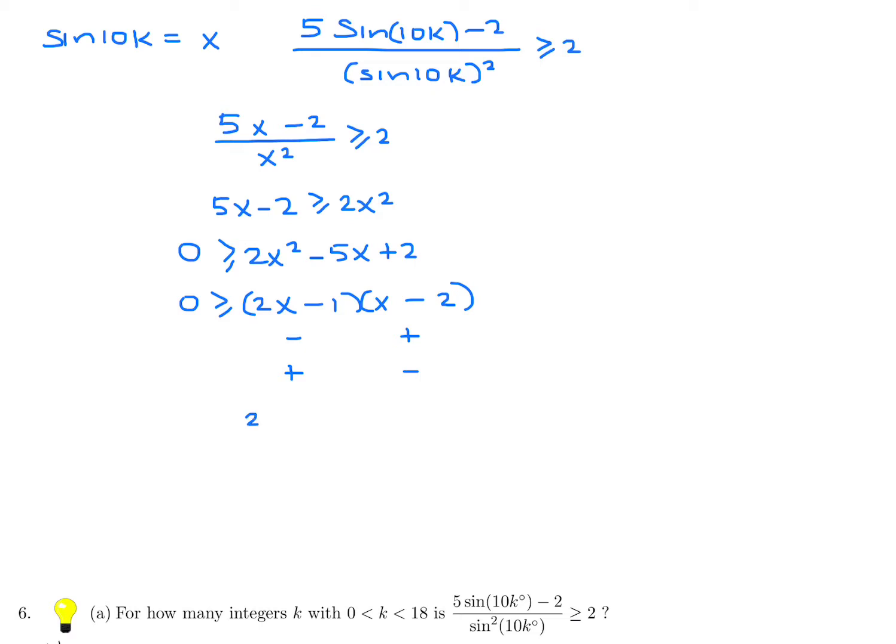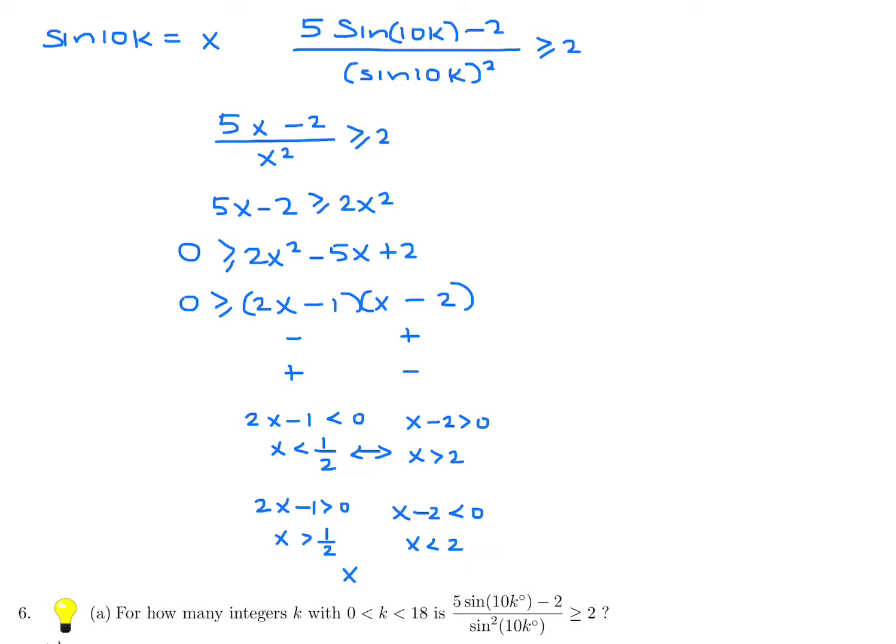For the first one, 2x minus 1 is negative, so that means x is less than a half. X minus 2 is greater than 0, so x is greater than 2. Well, this is a contradiction here, so this one, no good. So most likely it's this scenario, where 2x minus 1 is positive, so that means x is greater than a half, and x minus 2 is negative, so that means x is less than 2.